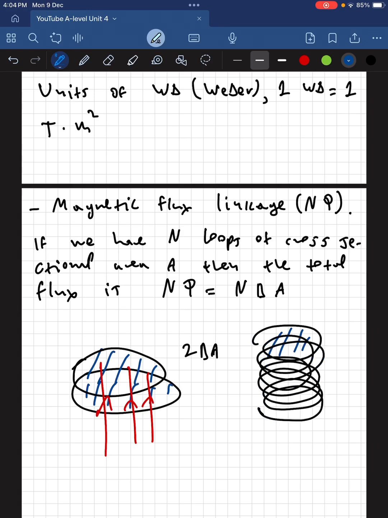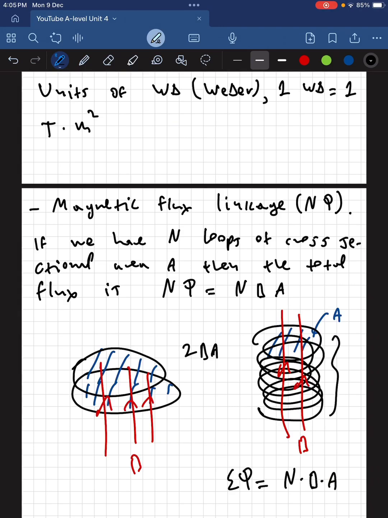Let's assume that the cross-sectional area is A, and there is some magnetic field passing through it. Then in the second case, sigma phi, the total flux linkage, is going to be N times B times A. And we assume that we have N loops, okay?